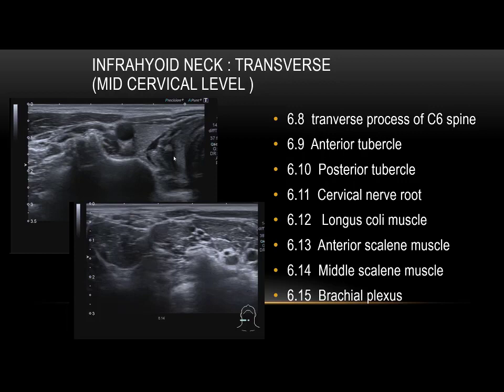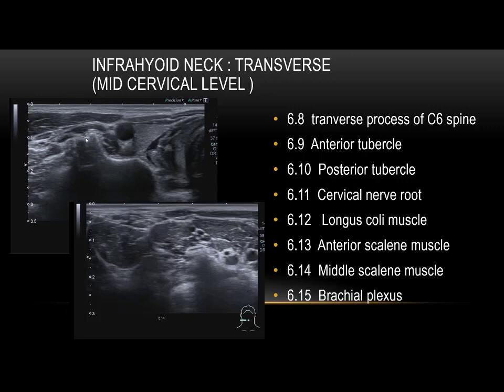And besides the anterior tubercle, you also have a posterior tubercle. Between these two tubercles, there's a cervical nerve root traversing out of the transverse process like this. This is a landmark that we need to know. Sometimes we misinterpret the anterior tubercle as a calcified lymph node. We have to make sure whether it is a bony structure or not.